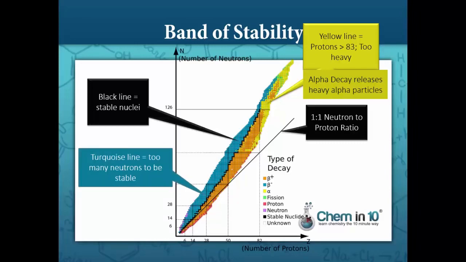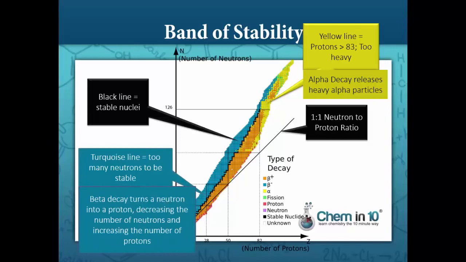These isotopes need to get rid of some of those neutrons in order to have a stable neutron-to-proton ratio. They do this through beta decay, in which, as you may recall, a neutron turns into a proton and an electron, thereby decreasing the number of neutrons and increasing the number of protons. By lowering the number of neutrons in the numerator of the neutron-to-proton ratio and raising the number of protons in the denominator, it lowers the neutron-to-proton ratio.